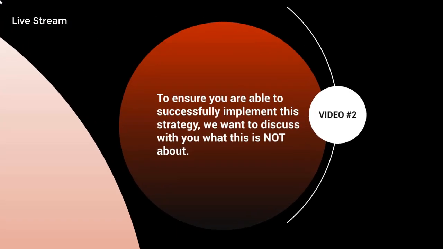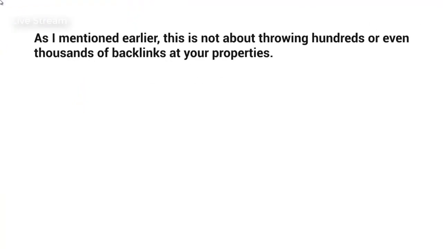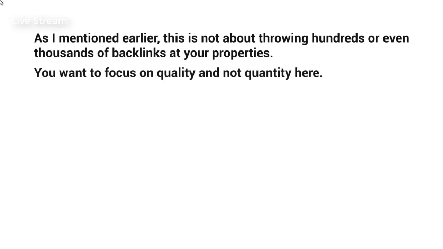To ensure that you're able to successfully implement this strategy, we want to discuss things that you do not want to do. As I mentioned in the previous video, this is not about throwing hundreds or even thousands of backlinks at your YouTube channel or at your properties. In fact, YouTube has become very, very smart in figuring out if you are actually gaming the system.